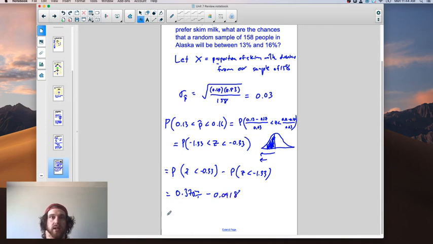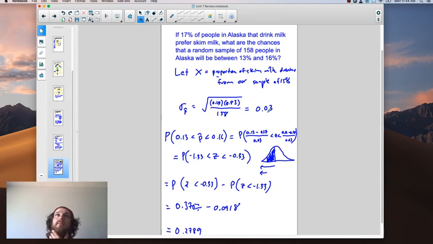So we will get an overall probability when you subtract those of 0.2789. So basically there's approximately a 27.9% chance, I didn't write that very clearly, for our sample proportion to be between 13% and 16%.